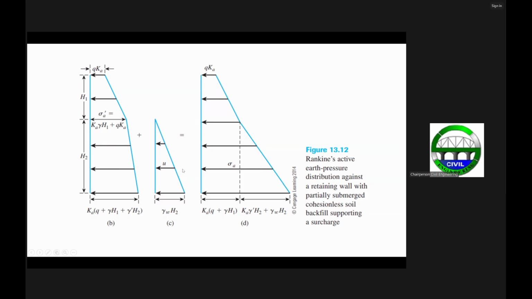So if you want to get now the total force, let's try to sum up the pressure diagrams. Let's sum up this pressure diagram here, which is just equal to this pressure diagram plus this pressure diagram. You can do it in many ways.